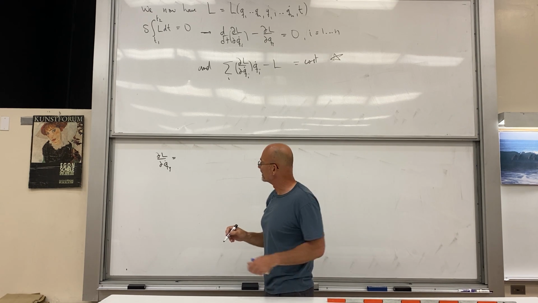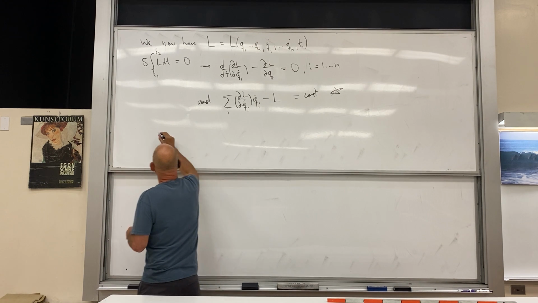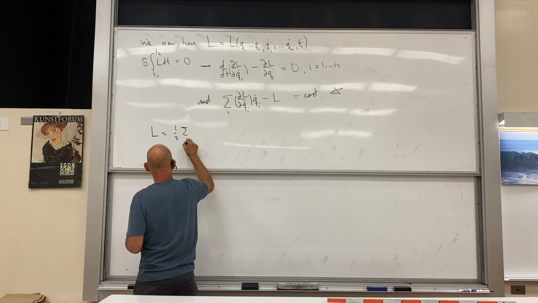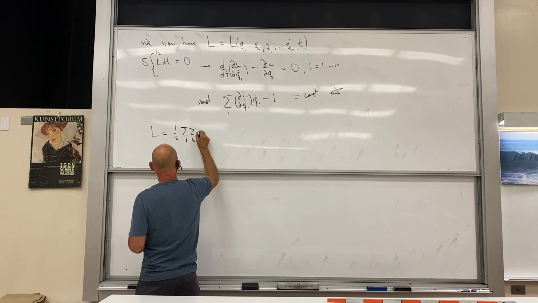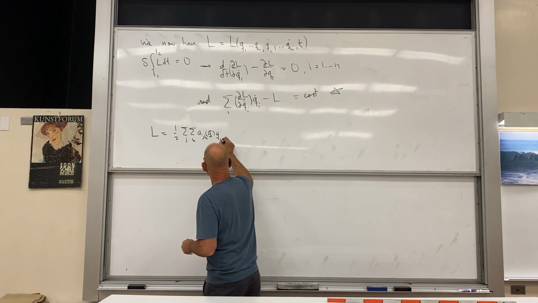Oh, I just erased my Lagrangian. That's nice. One-half sum over j, sum over k, q_j dot q_k dot.